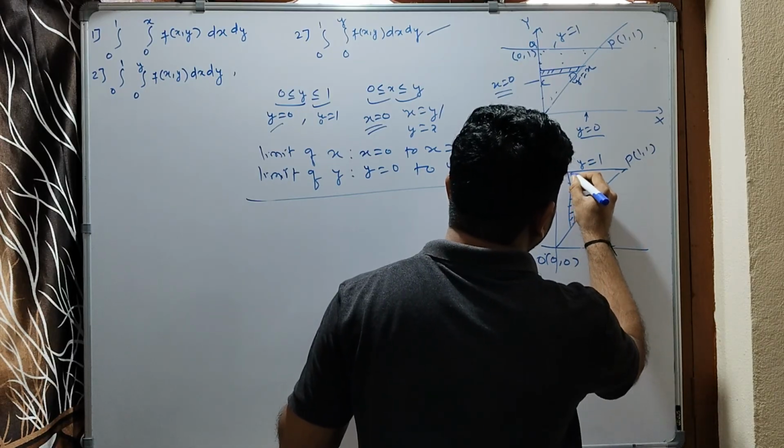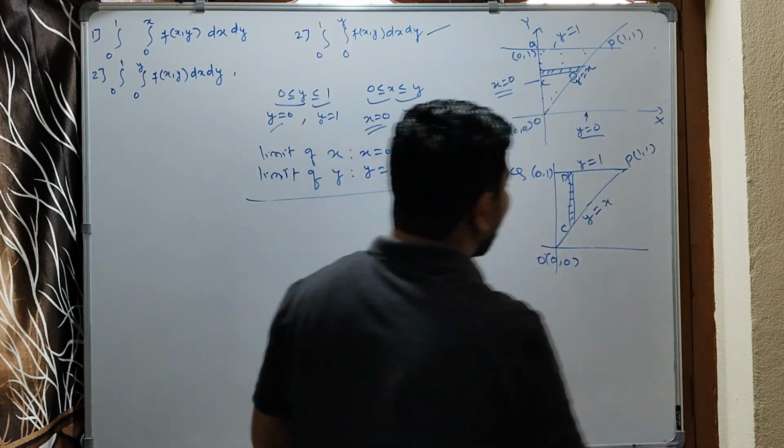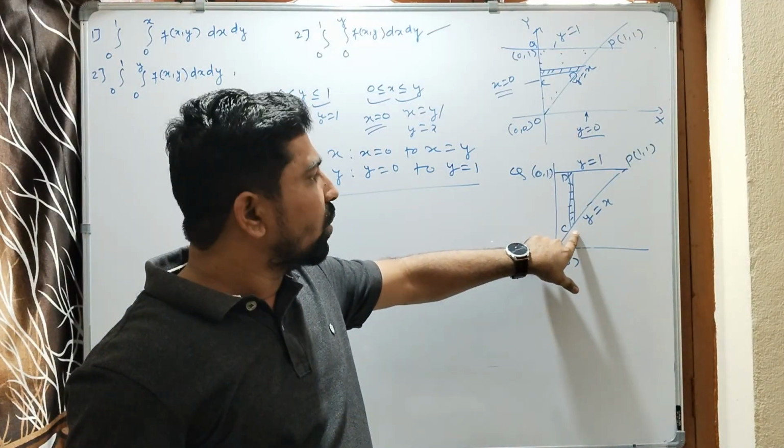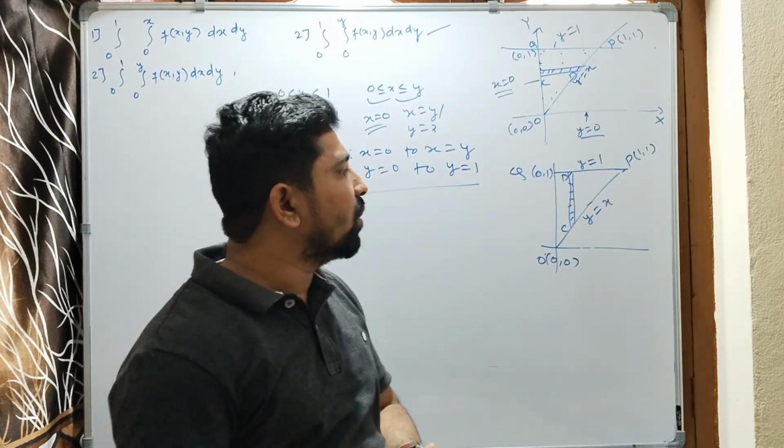Let's say this CD is the vertical strip. My vertical strip CD starts at the line y equal to x and terminates on the line y equal to 1.